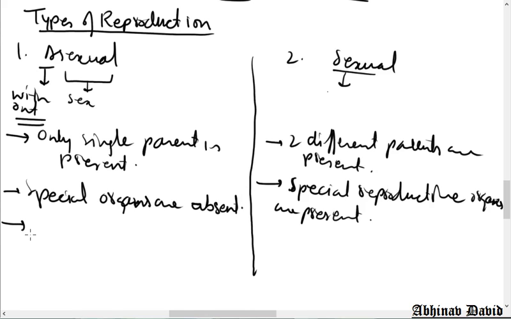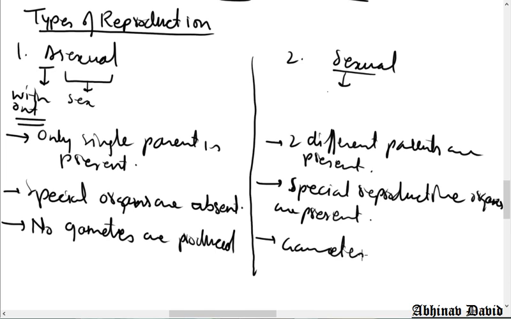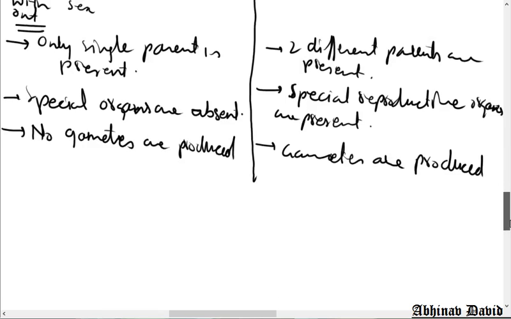Then, do they produce gametes? No gametes are produced in asexual reproduction. In sexual reproduction, gametes are produced, one male gamete and the other female gamete.